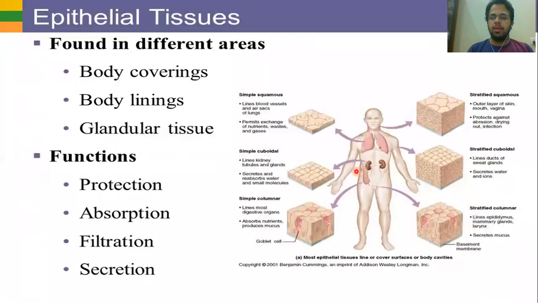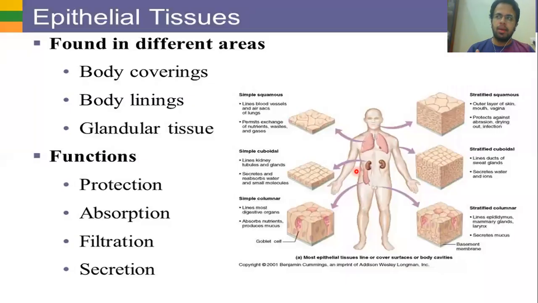Now, the question arises: where in our body are these epithelial cells found? All of you must have gone through these epithelial cells in your first year in the histology in the physiology section.